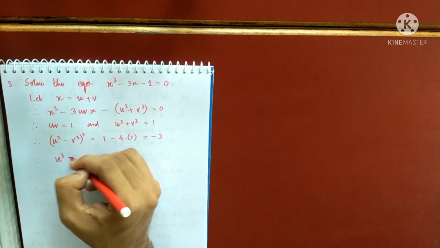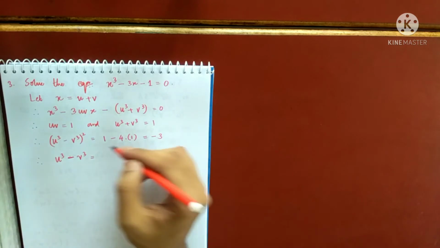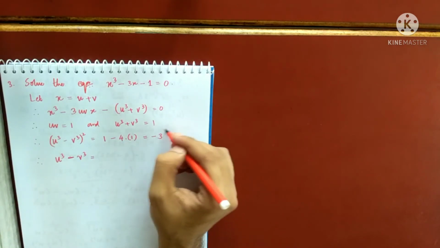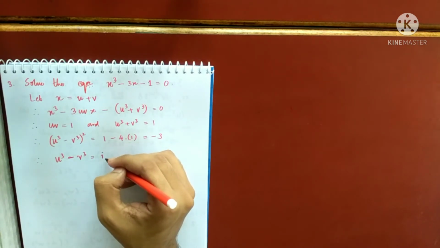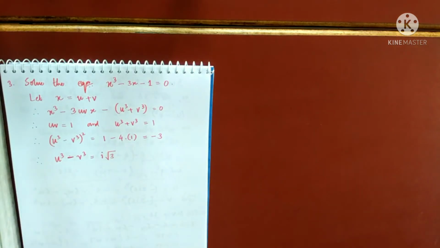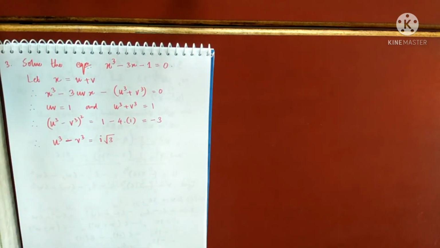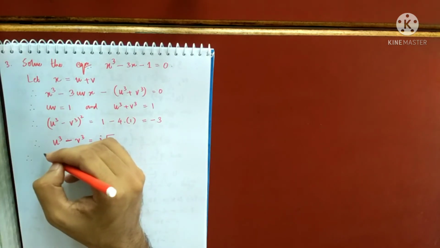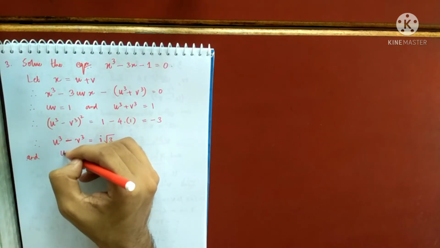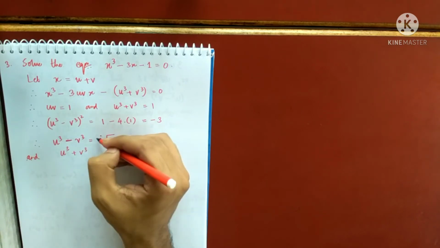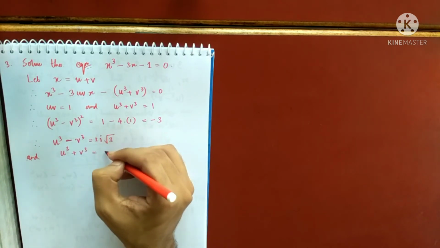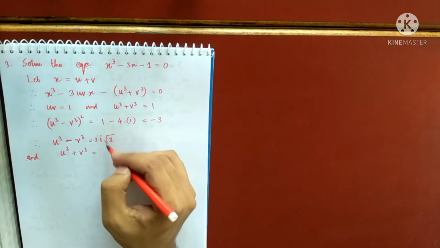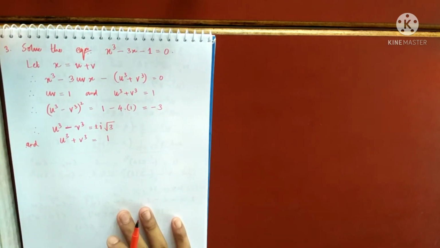U cube minus v cube is the square root of minus 3, which is i root 3. So what are the values of u and v? I have u cube plus v cube equals 1, and u cube minus v cube equals plus or minus i root 3. One value will be plus and one value will be minus.